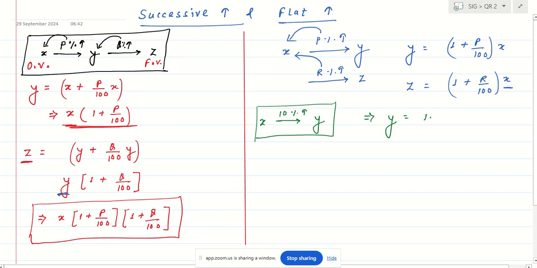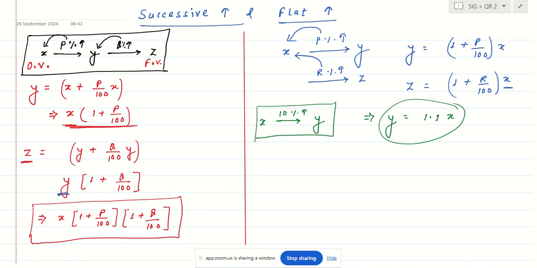So can I say 1.1x directly? How do I get 1.1? 1 plus 10% means 110 divided by 100, which means 1.1 of the original value.